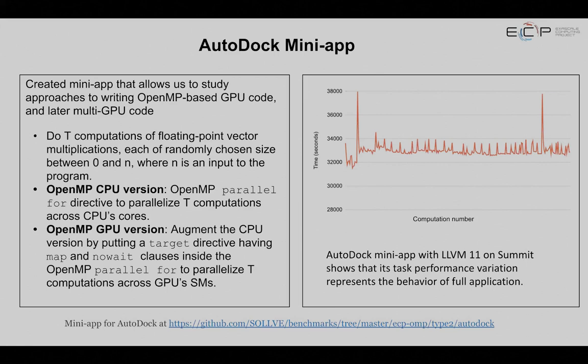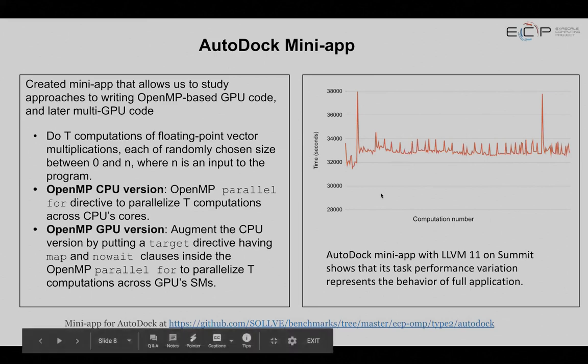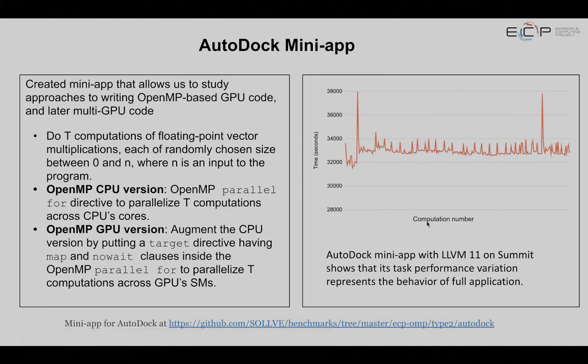What we see on this slide on the right is a plot. The x-axis is the computation number or target region number, and the y-axis is the time. And we see this large number of fluctuations in the computation number. And that is indicative of the large load imbalances of each task.